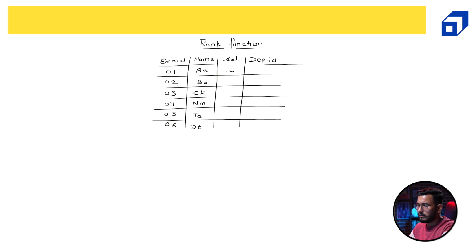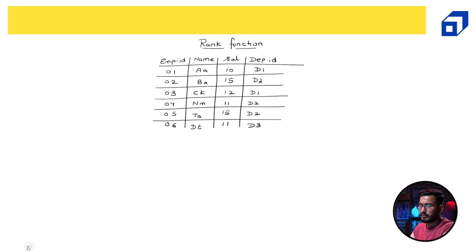Salaries 10, 15, 12, 11, 15, 11. Random departments D1, D3, D1, D2, D2, D3. Now, what is the objective of having a rank function?